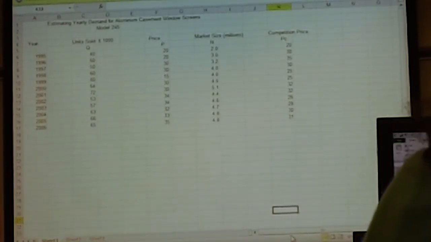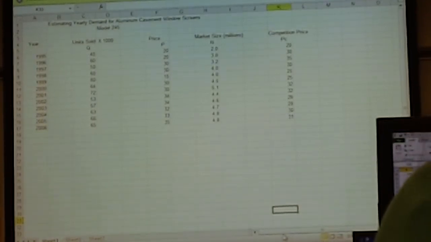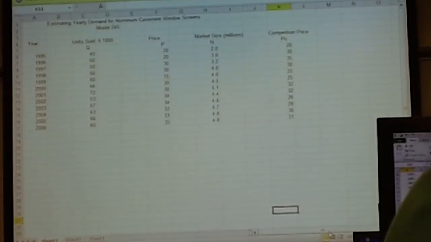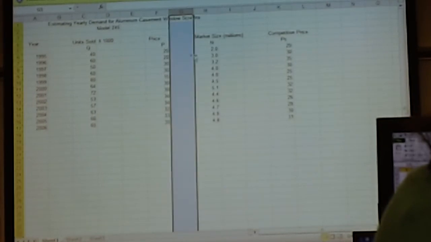All right, now let's put this together. In order to make this work in Excel, I have to put all these things together, these three together. All right? So I can eliminate that.